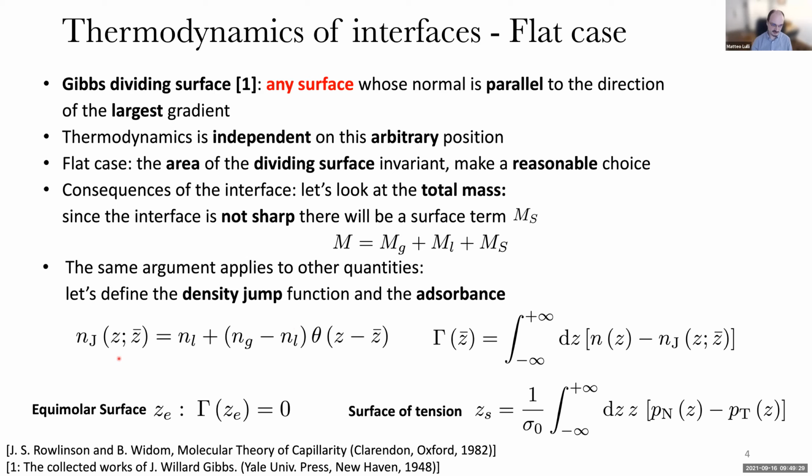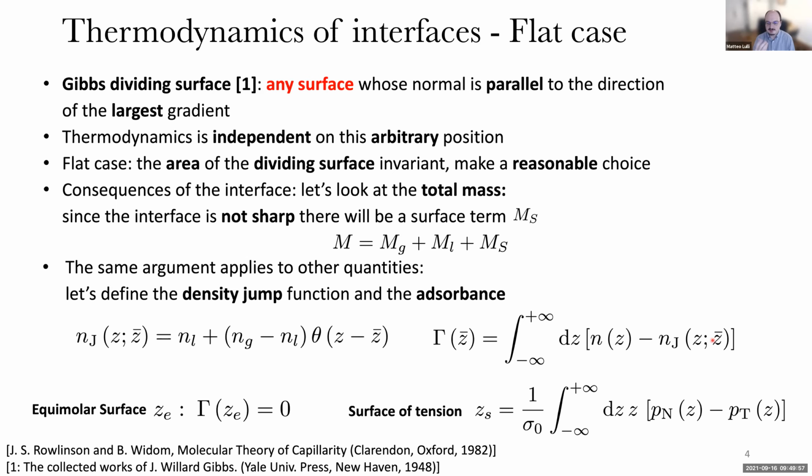We define the density jump, which takes either of two values, the liquid density or the gas density, according to whether Z is above or below this threshold Z bar. Then we can define the adsorbance, which is this integral, and this integral is measuring somehow a distance between the real interface, which is not a stepwise function, and an idealized stepwise function.